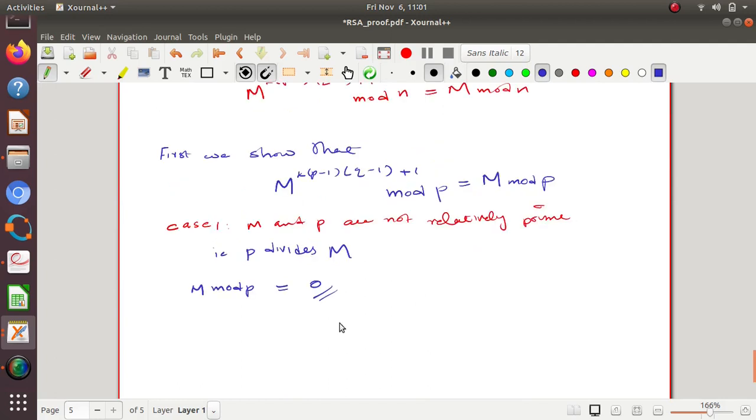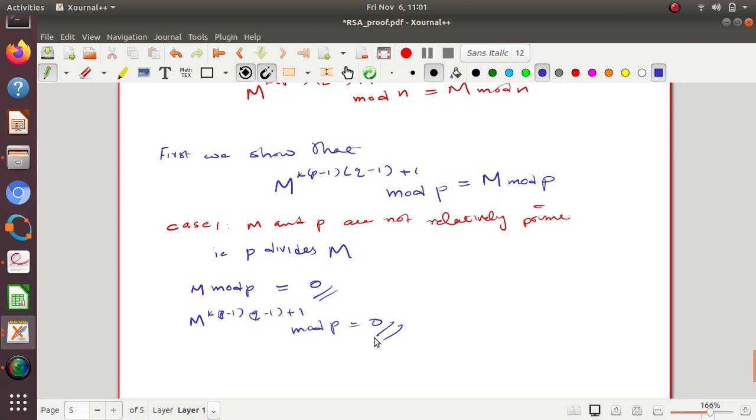Similarly, if m mod p is equal to 0, then m to the power k into (p minus 1) into (q minus 1) plus 1 mod p will also be 0.